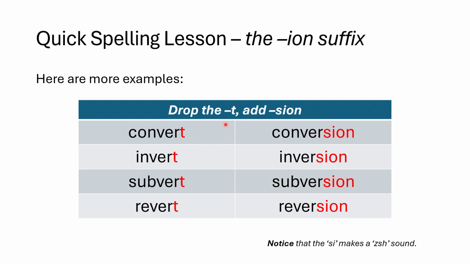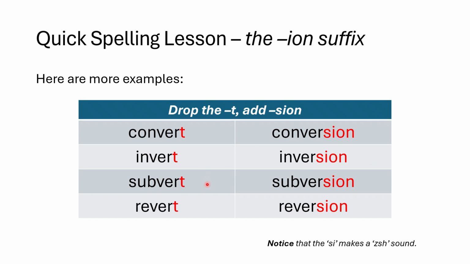Drop the T, add SION. I will say the word. I will pause. When I pause, you say the word. The verb is convert. The noun is conversion. The verb is invert. The noun is inversion.